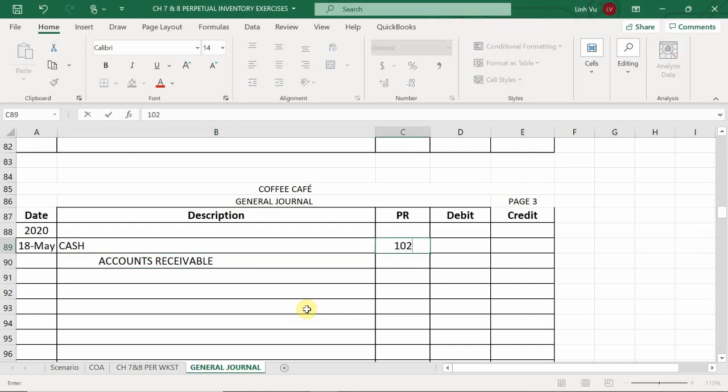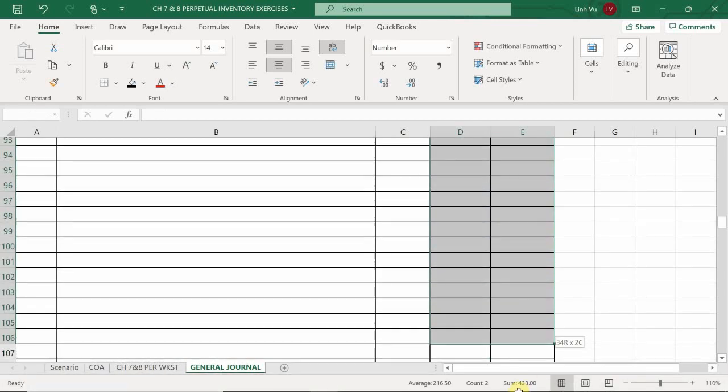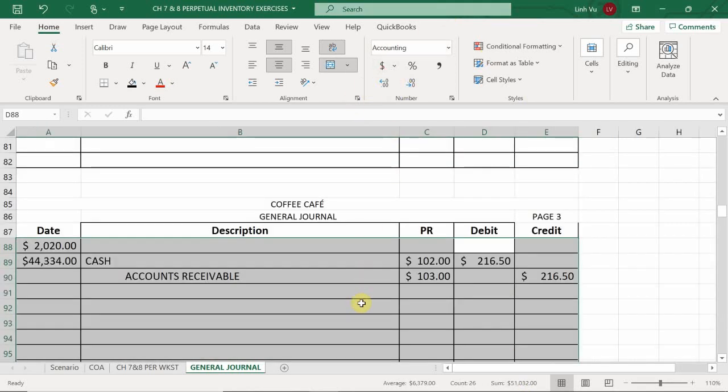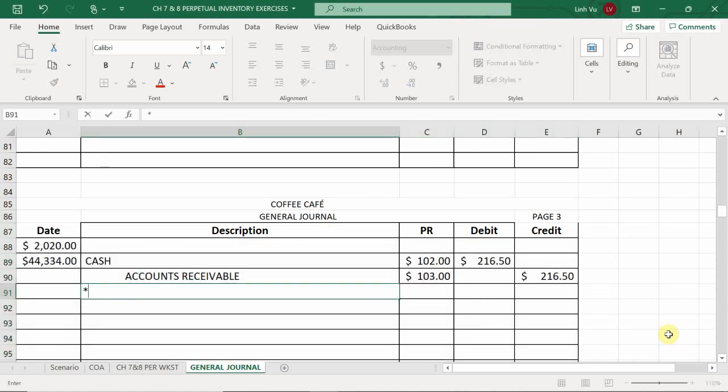So 102 versus 103, okay? And they owe me $216.50. Okay, 216.50. And my note here is that customer A paid in full.